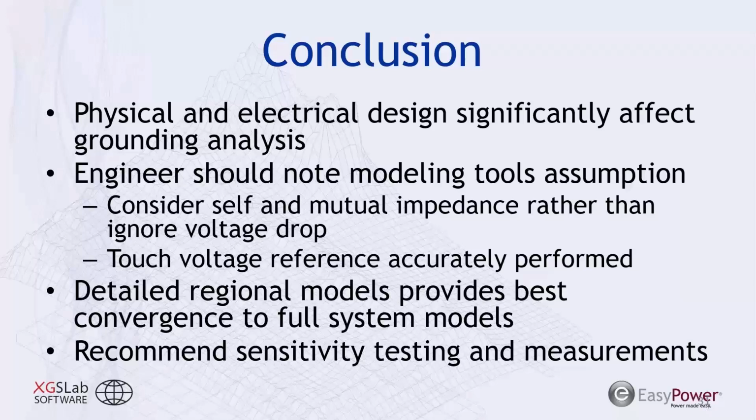That's shown through this sensitivity testing. We had relatively good results by doing a more detailed regional model, and that is a pretty ideal methodology to compensate for lacking memory on your computer.